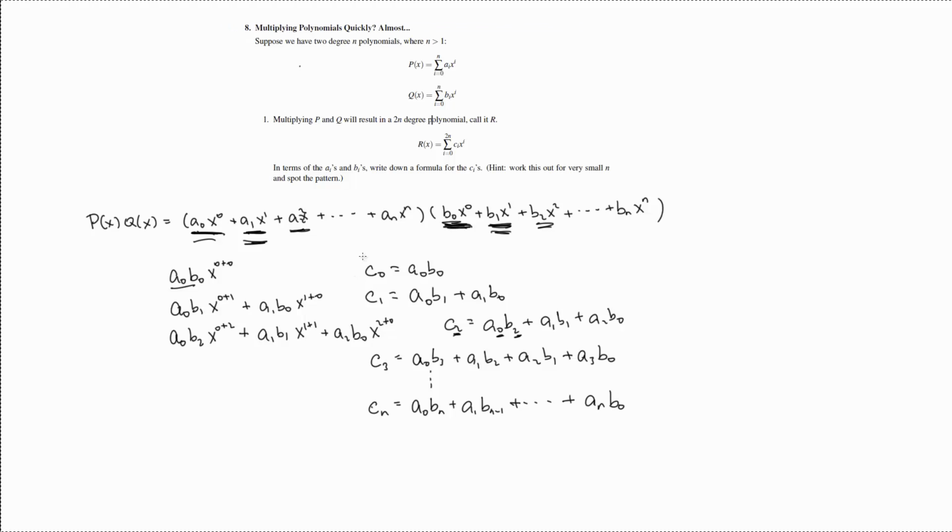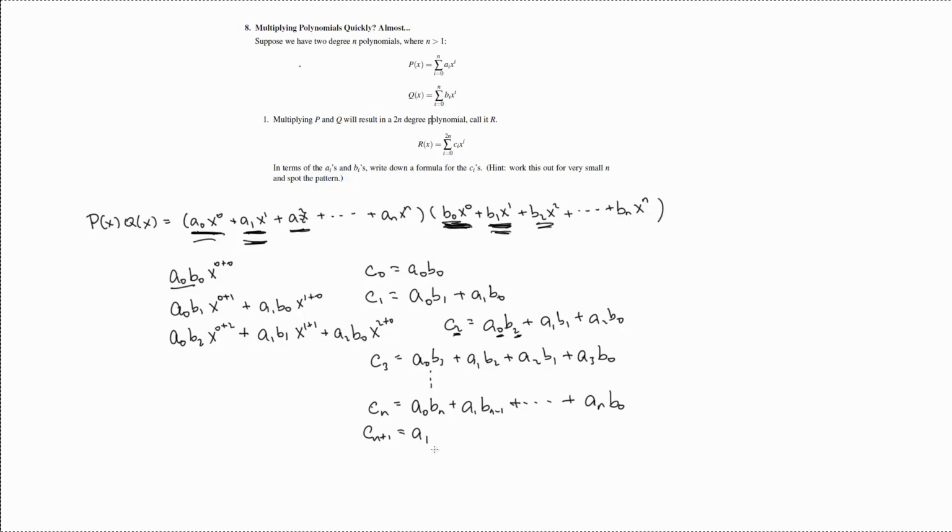However, we have 2 times n of these coefficients, so we also have c of n plus 1. So how can we make a coefficient of n plus 1? Well, now we can't start at a0 anymore.